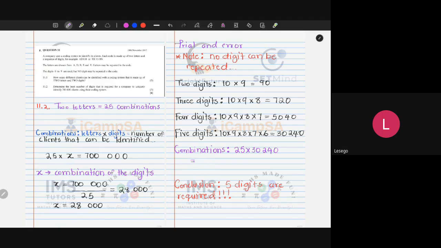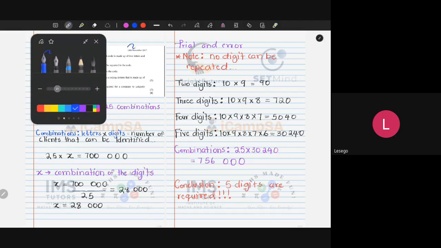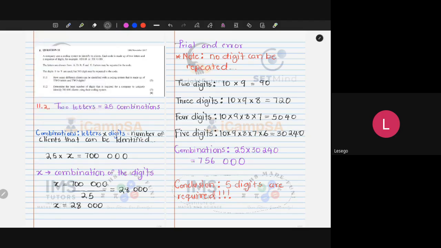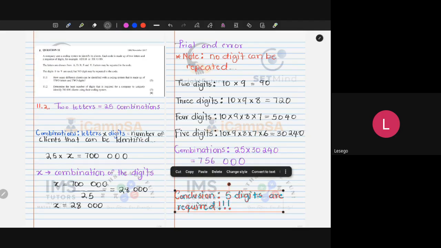It is 180,000. It is what? 25 times 30,240 is 756,000. Do you see that this is bigger than the 700,000 that they require? Therefore, we are happy.